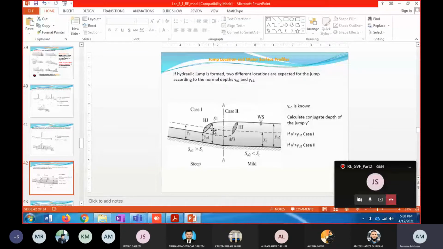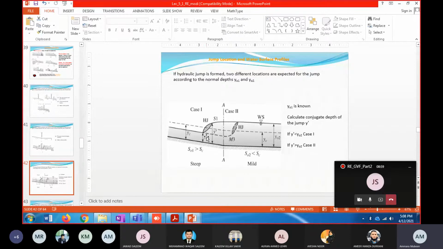Conjugate depth means one depth would be before the hydraulic jump and the other depth would be after the hydraulic jump.